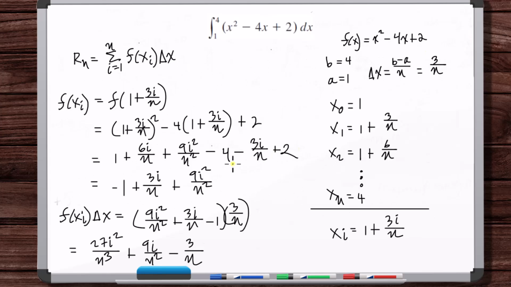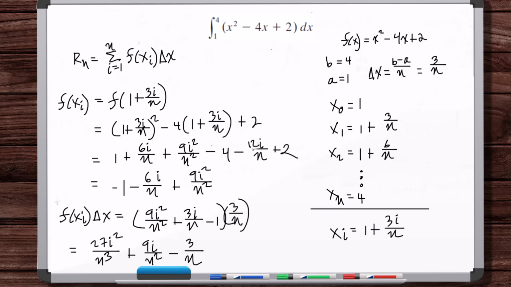Okay, I made a mistake here. I didn't multiply the 4 here, so this should be 12 minus 12i over n. So you still have minus 1, and then 6i over n minus 12i over n, so this should be minus 6i over n. And then 9i squared over n squared is correct.